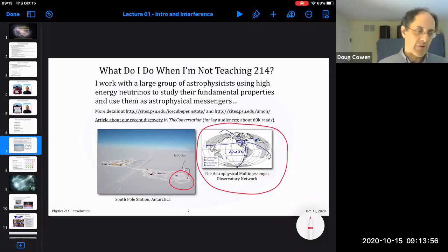And if there's a coincidence in direction and in time between, say, a neutrino detected by IceCube and, I don't know, a high energy photon detected by the HAWC experiment in Mexico, then we send out an alert to the broader astronomy community and suggest to them that they might want to look over in this position in the sky to see if something interesting is happening there or not.